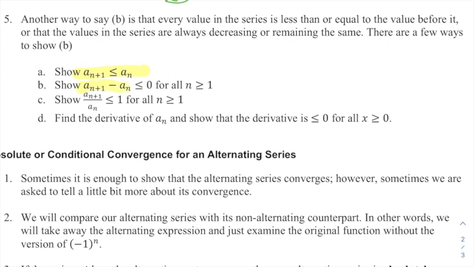Or you can subtract the previous term from the next term and show that the difference is always going to be less than or equal to 0. Or you can divide them, and that number has to always be less than or equal to 1. Or I guess maybe if you really love this, then you can find the derivative of your term and show that the derivative is less than 0, right? So if the derivative or the rate is decreasing, then all the values after are going to be decreasing.